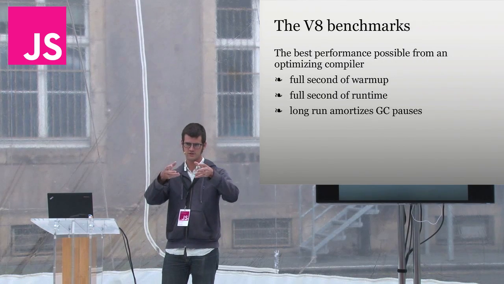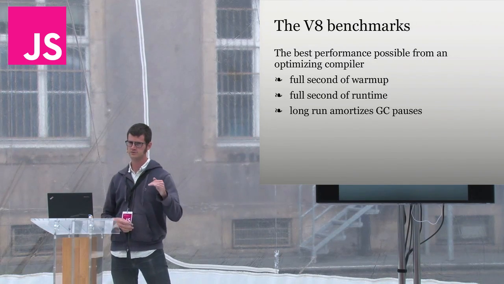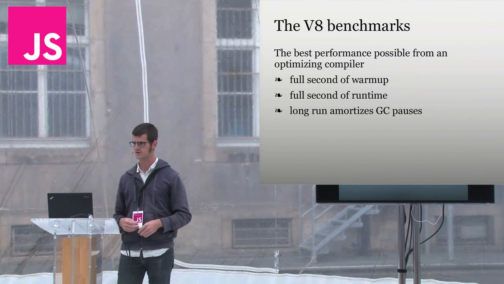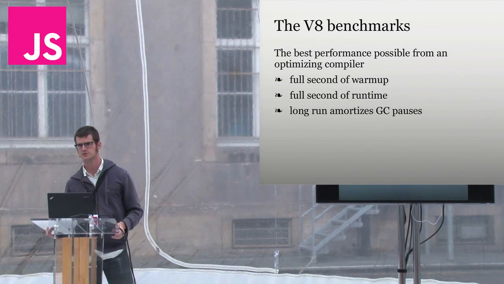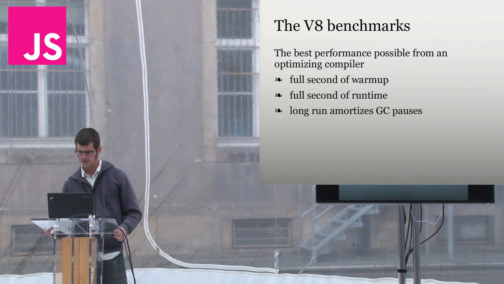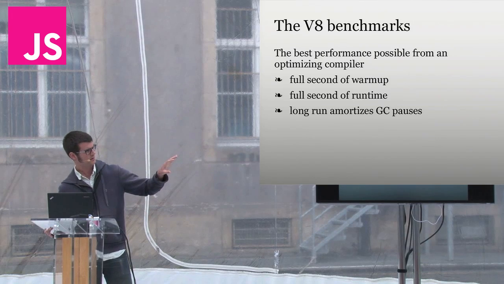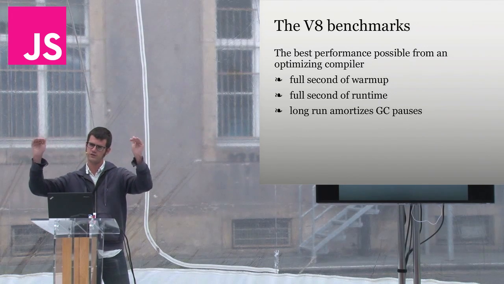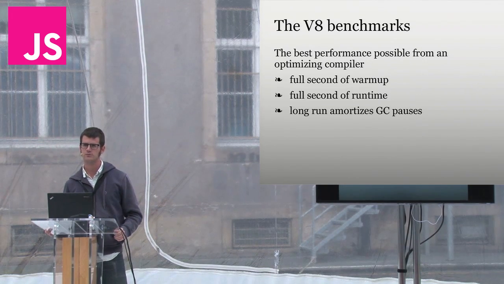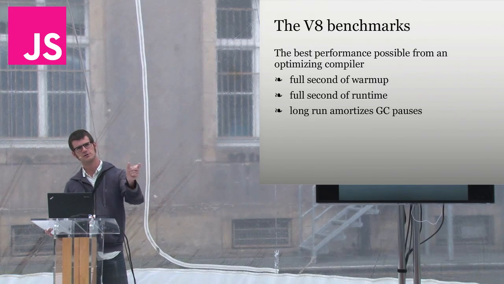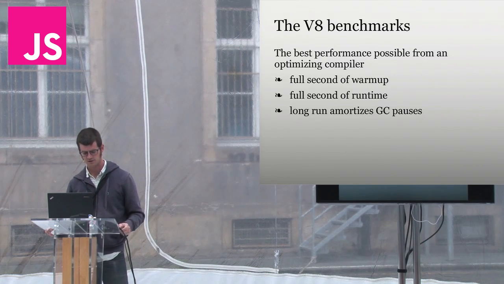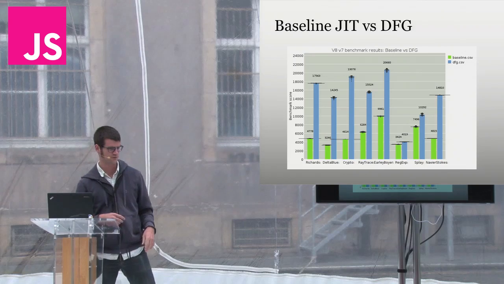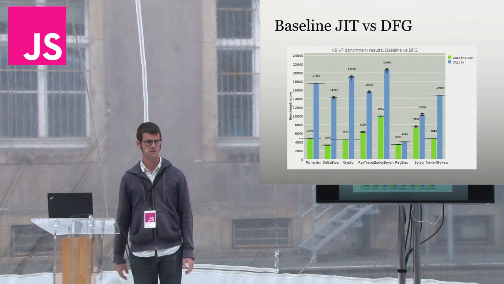And that time ends up going on the denominator of the result, so that higher values on the V8 benchmark, as we all know, actually correspond to higher performance. And so it's very good for measuring the best that your compiler can do, but it's not so good for investigating characteristics of the implementation. I will take a look first, though, at what are these numbers.